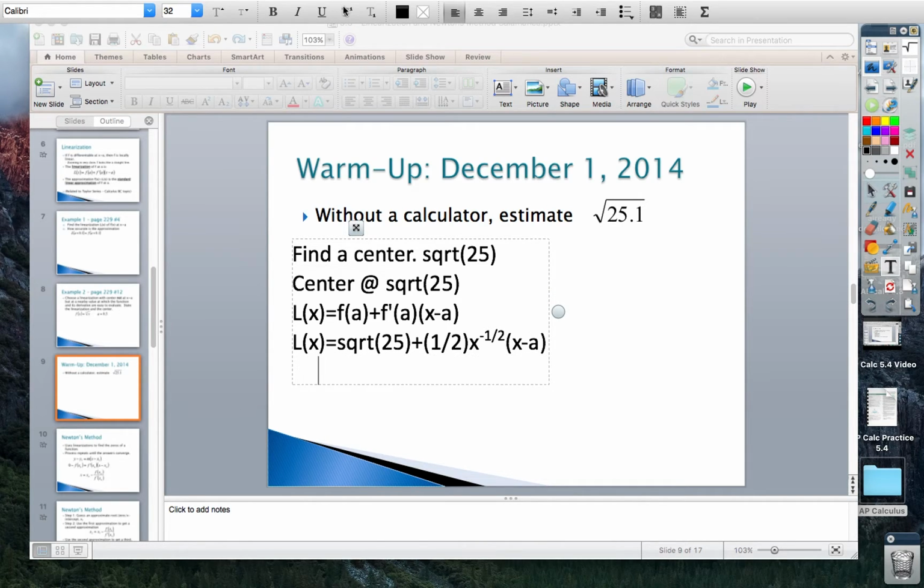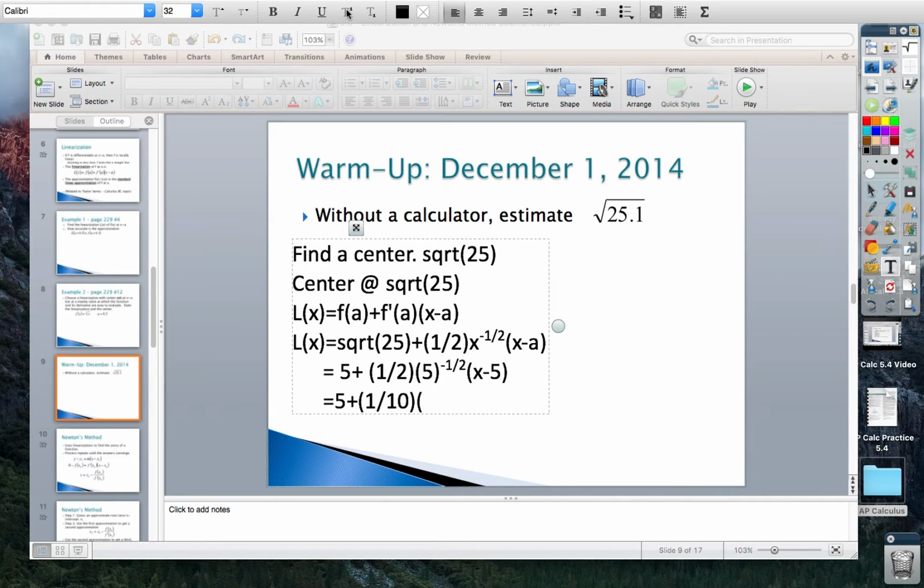So notice I purposely didn't put in the a to start with. So we have square root of 25, which is just 5, plus 1/2 times 5 to the negative 1/2 power times x minus 5. We end up getting 5 plus 1/10 times.